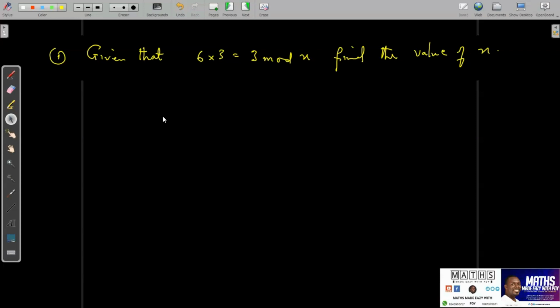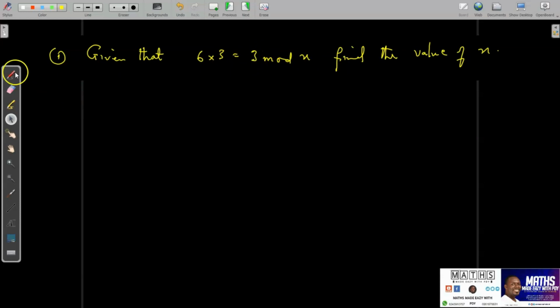What do you think the x value we are looking for is? It's the modulo value, the modulo system in which this operation was conducted, and we had the answer as 3.